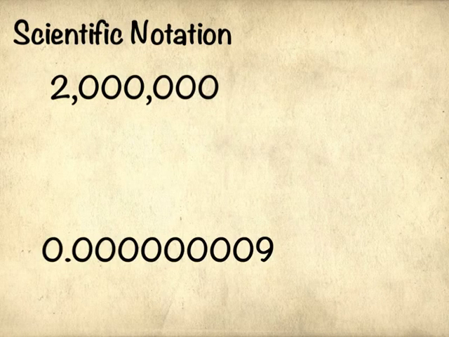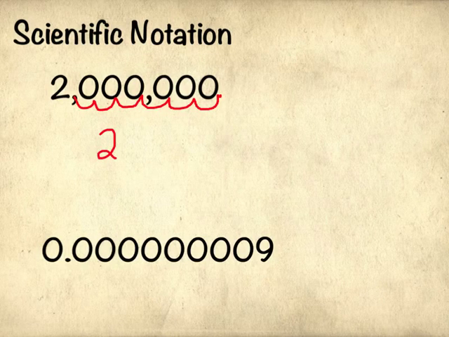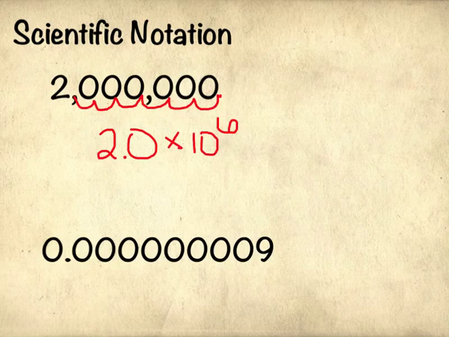So what we do, you take your decimal place, wherever it is, and you're going to move it. If you're moving it left, your exponent will be positive. If you're moving it right, your exponent will be negative. So here we're moving 1, 2, 3, 4, 5, 6 times. So in scientific notation, our number would be 2.0 times 10 to the 6.